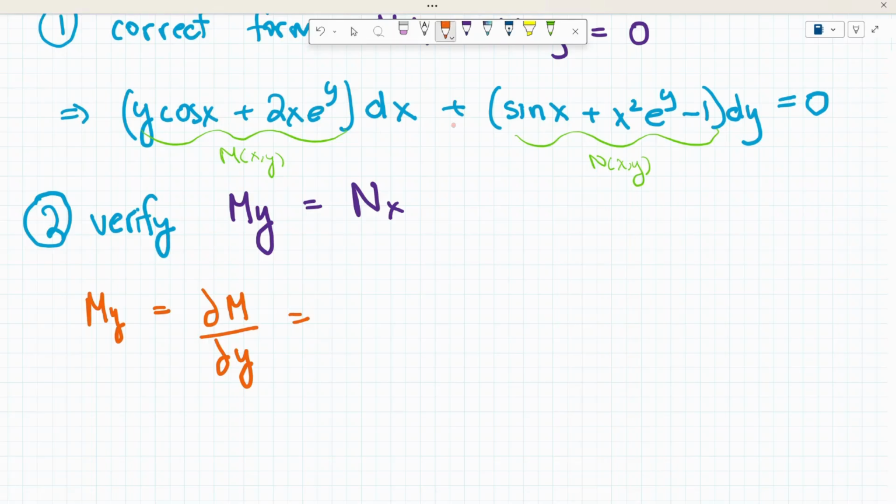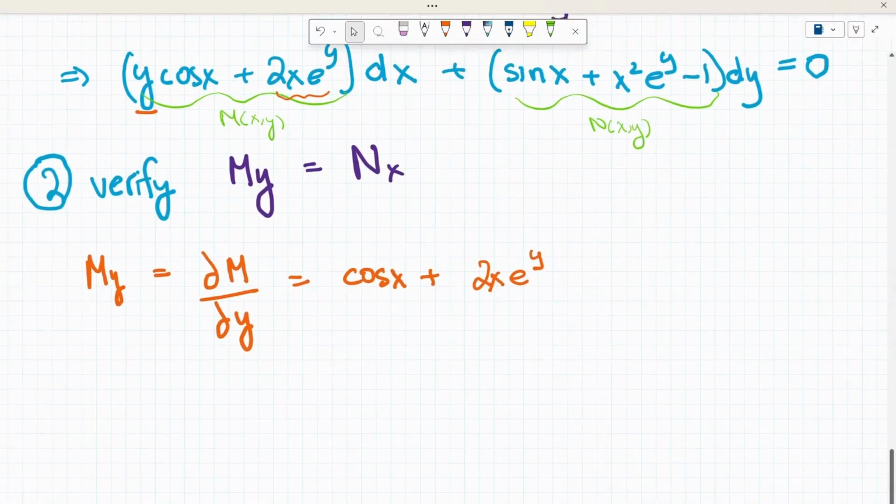So the derivative of y here is simply cos x, because the derivative of y equals 1, and cos x is considered a constant because we're only differentiating with respect to y. Then plus, here we have 2x times e to the y. Again, x is treated like a constant, and the derivative of e to the y is simply e to the y.